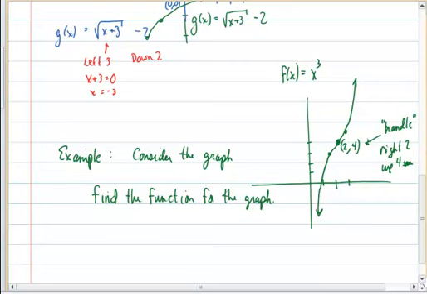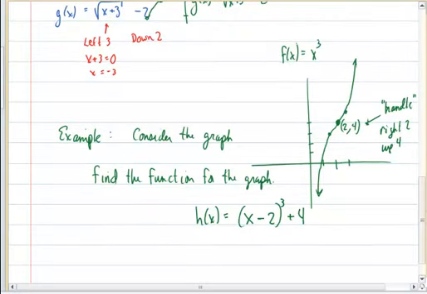So we should be able to come up with what the new function is. We'll call the new function h of x, and that will be, because we've moved to the right, x minus 2 cubed, and because we've moved up, it's going to be plus 4.